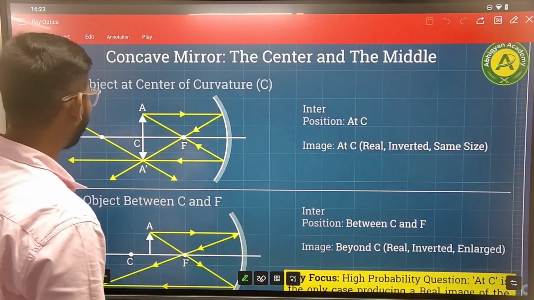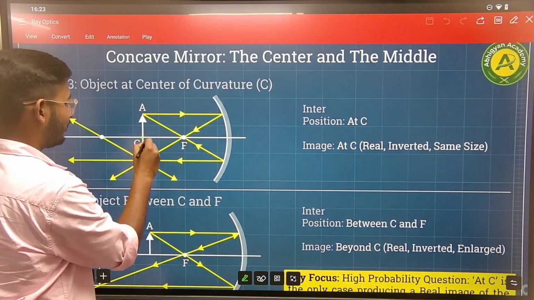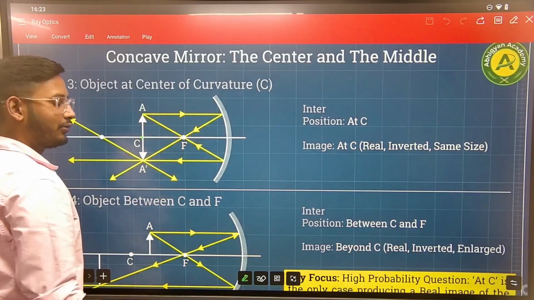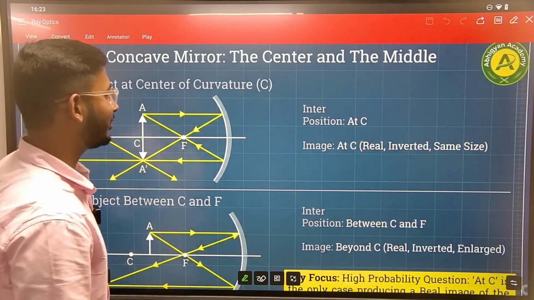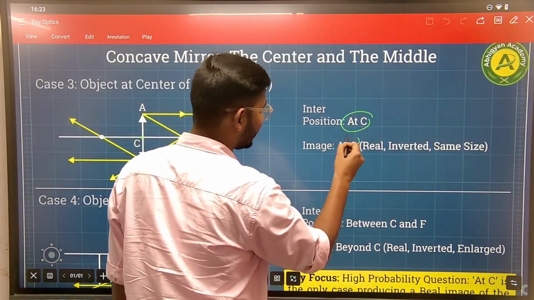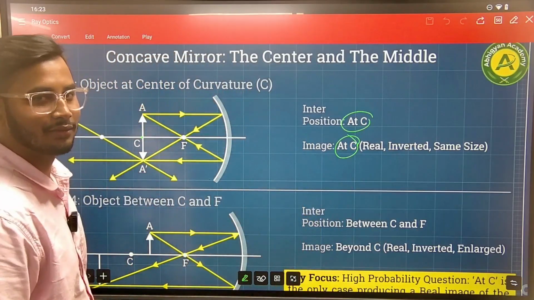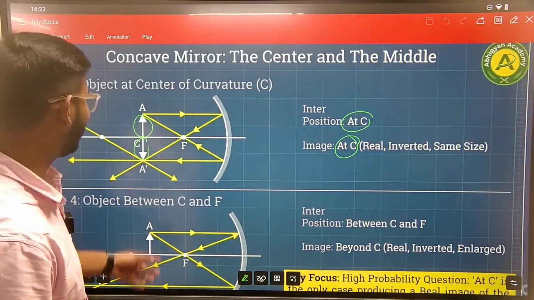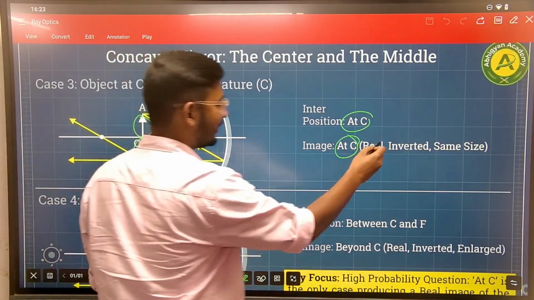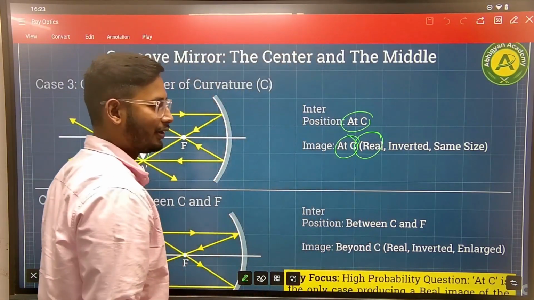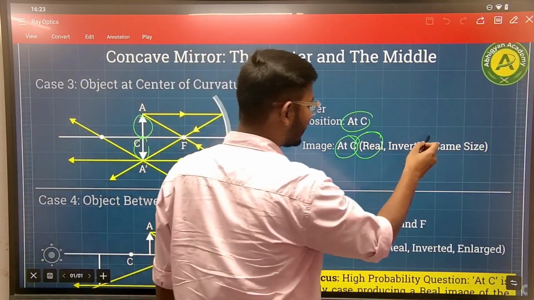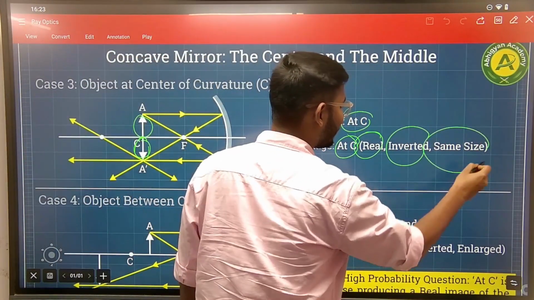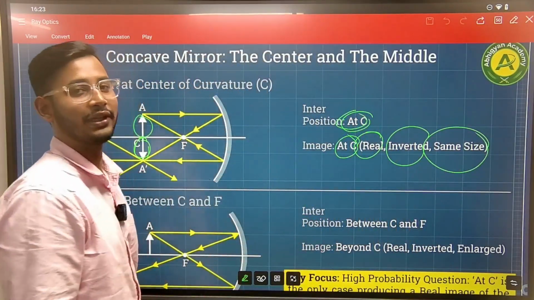Case 3 is when we place the object at C. I have shown you how to draw the rays. So when we place the object at C, we get the image also at C. The image is real, the image is inverted, and the size of the image is the same as the size of the object.